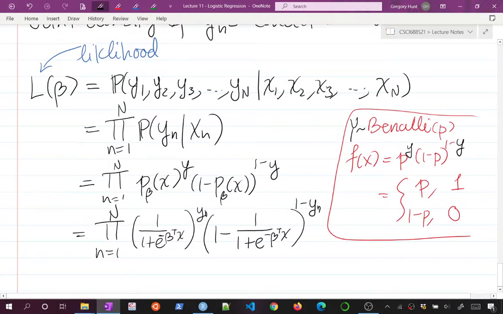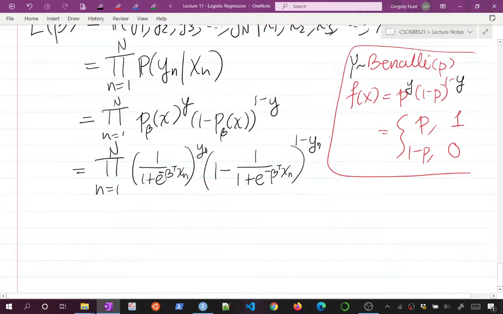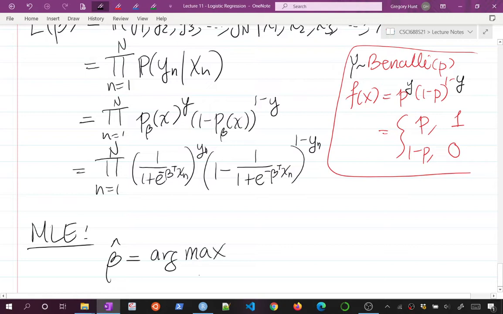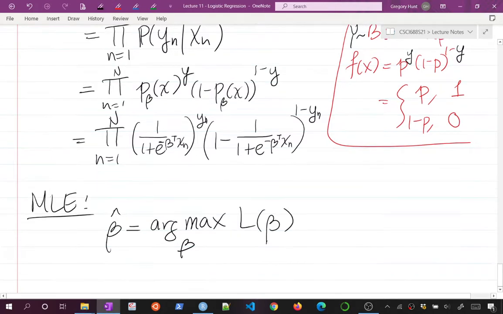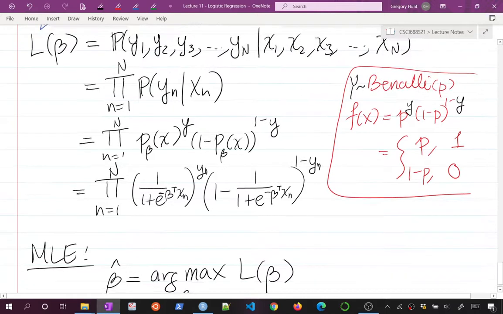We're not going to derive the whole thing, but you can see that this is a function of beta, depends on our x sub n's and our y sub n's, and the maximum likelihood estimate is beta hat, the maximizing argument of this likelihood function. That's fancy notation just to say we're going to choose beta hat as the value of beta that maximizes this likelihood function.